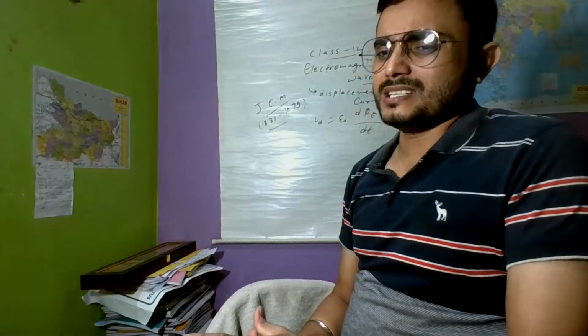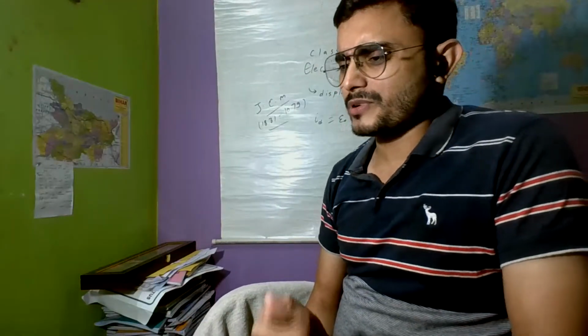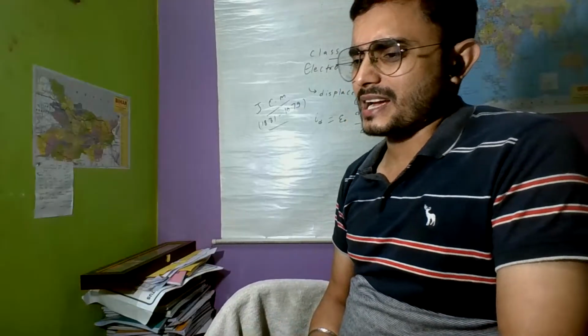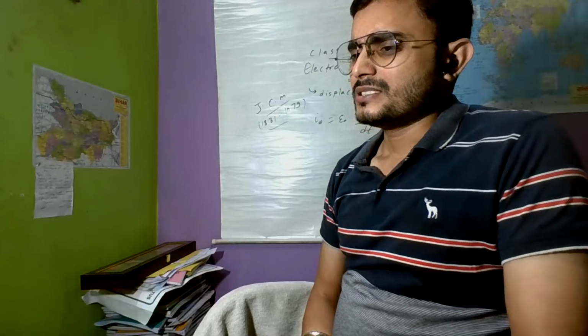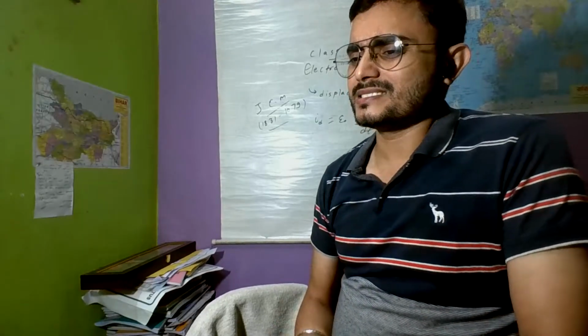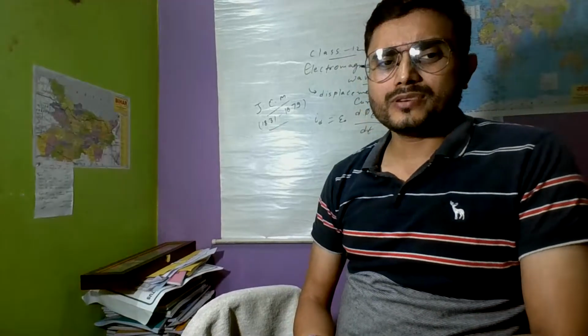To remove this inconsistency, Maxwell formulated a set of equations involving electric and magnetic fields and their sources, the charge and current densities, and these equations are known as Maxwell's equations.